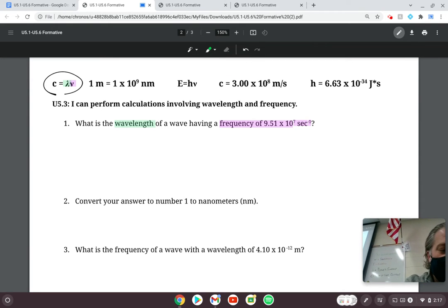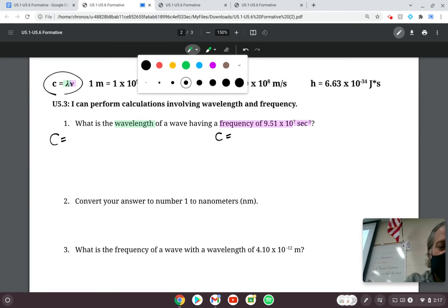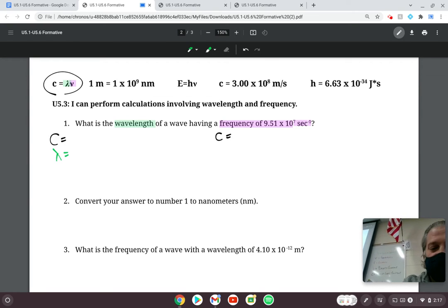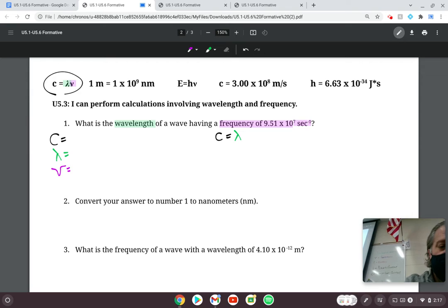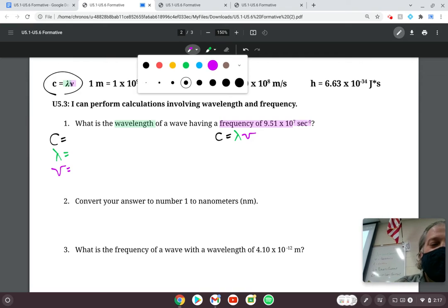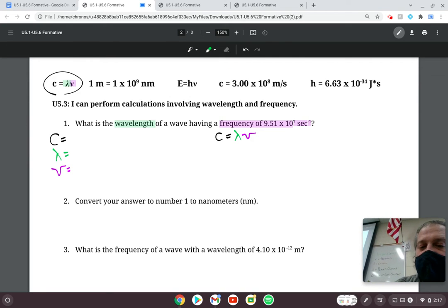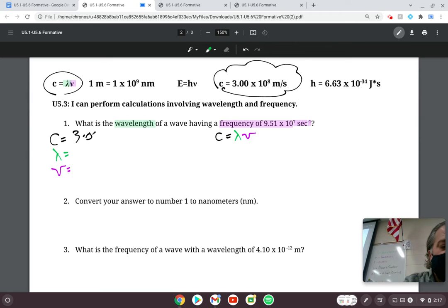So if I'm going to identify my variables, c is equal to wavelength times frequency. And then I'm going to go ahead and fill in my variables. I know that the speed of light, or c, is always going to be 3.00 times 10 to the 8 meters per second.